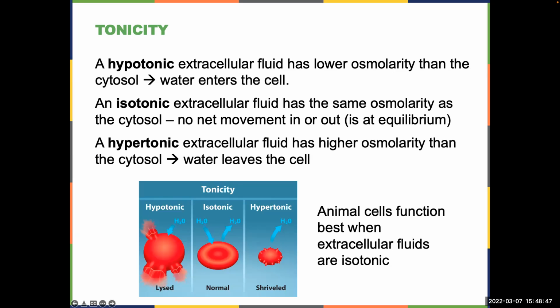If there was enough solute inside the solution for just a little bit of water to go in, then it wouldn't burst open. Okay, but we looked at extreme hypotonic examples where it did burst open.